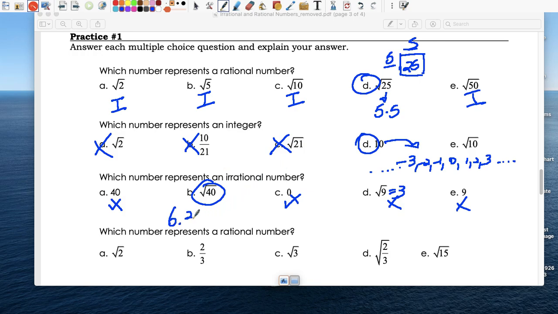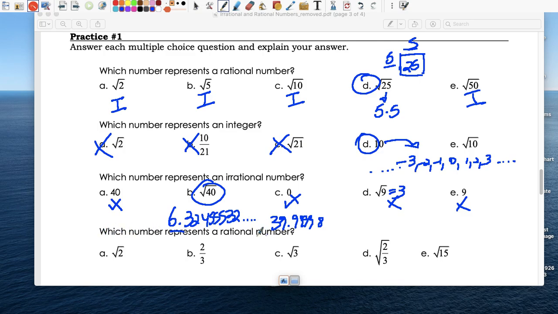So 6.324555532, a decimal that goes forever and ever and doesn't repeat. And if you were to multiply these two, you would get something like this: 39.9999 and then 8 something. Okay, close to 40, but not 40.